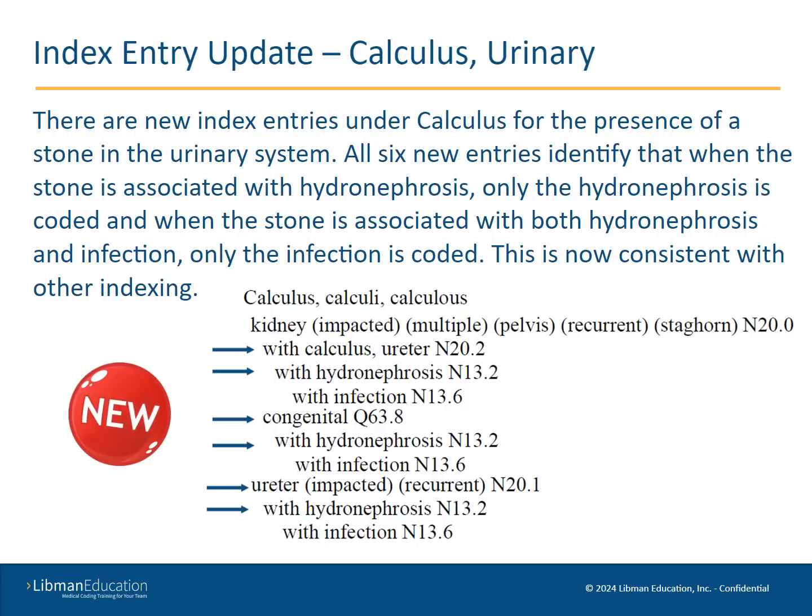Just a note that when you look under the code N13.6, it says that it pertains to conditions in N13.0 to N13.5 with infection. And also there's a use additional code note that you would want to identify the infectious agent if documented.